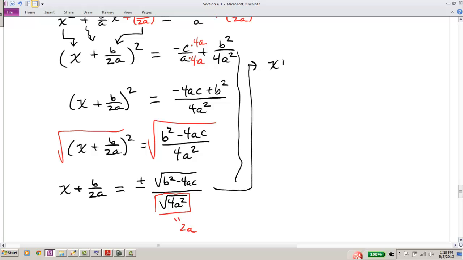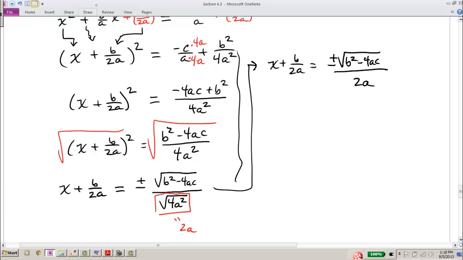And write x plus b over 2a equals plus or minus the square root of b squared minus 4ac over 2a. And now we're almost done.